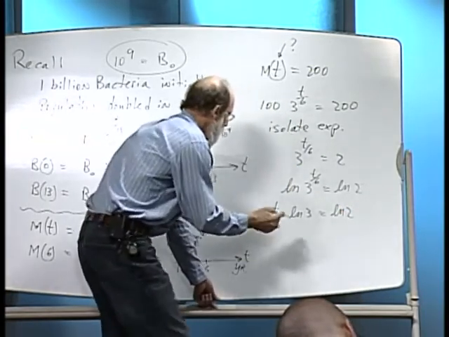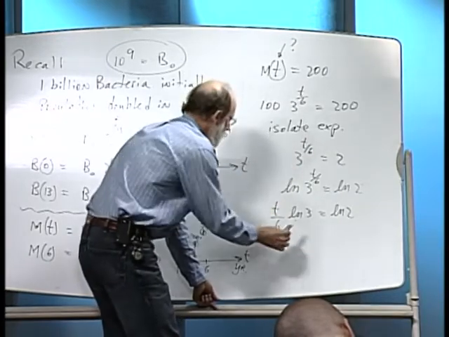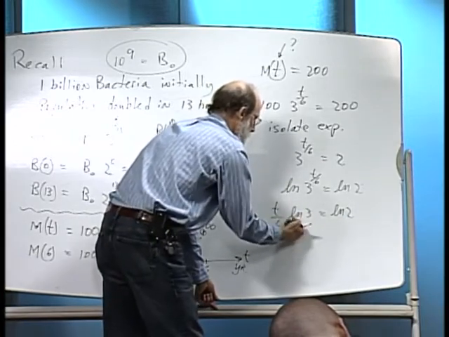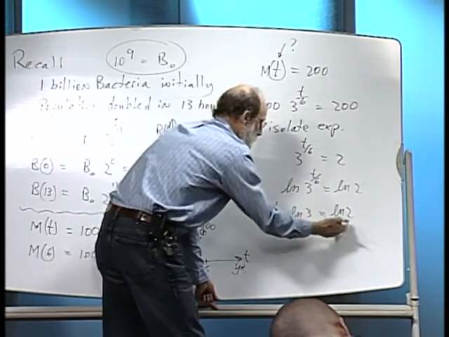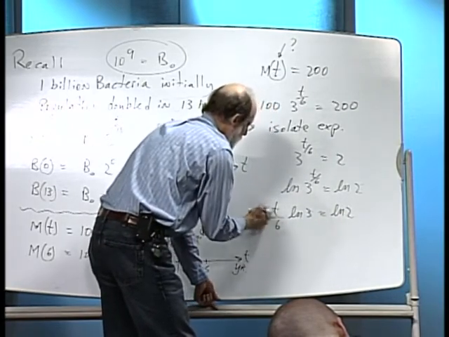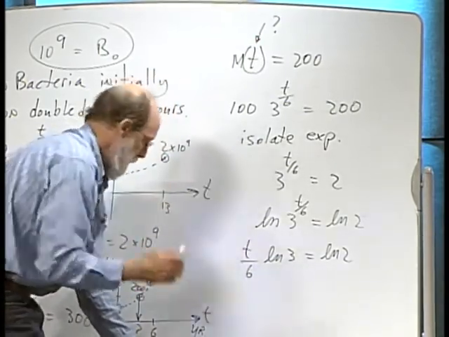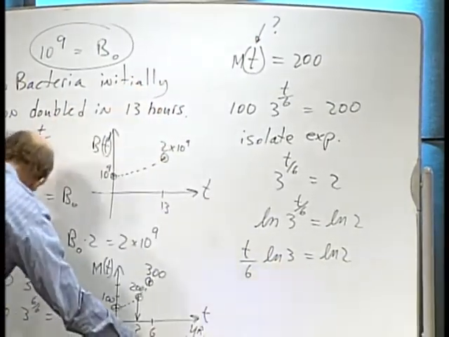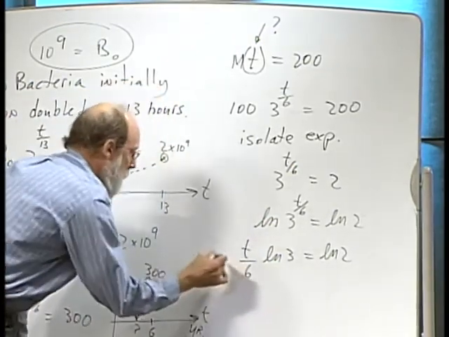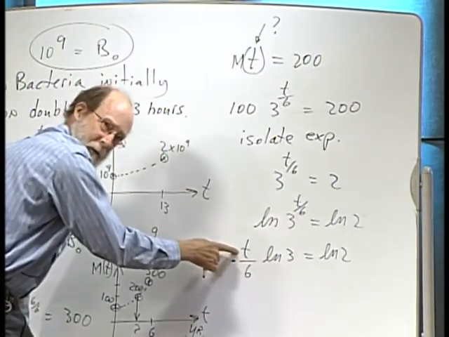There's two ways you can do this. We could divide both sides by the natural log of 3, and that would bring the natural log of 3 off the left side and put it as a denominator on the right. And then we'd multiply both sides by 6, right? But we could also multiply both sides by the reciprocal of what's attached to t.